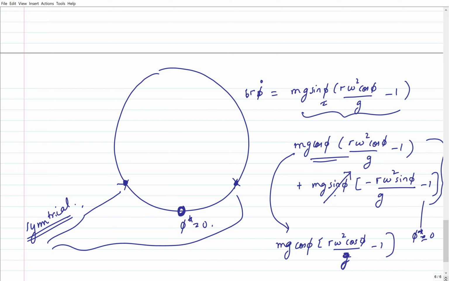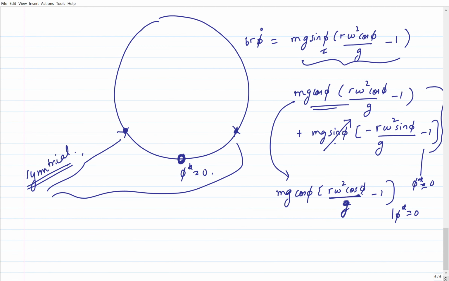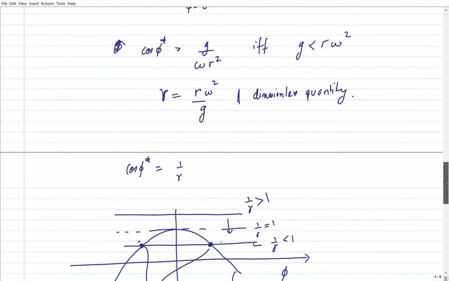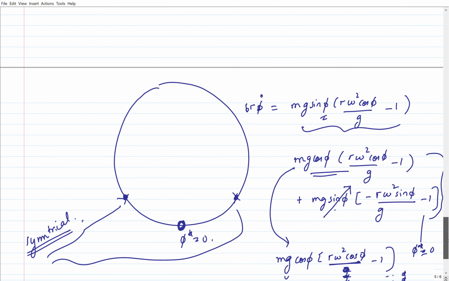So if you look at it in the neighborhood of phi star equals 0, depending upon this term, the gamma, I'll just put this as mg cosine phi. Remember, gamma was nothing but r omega square by g.